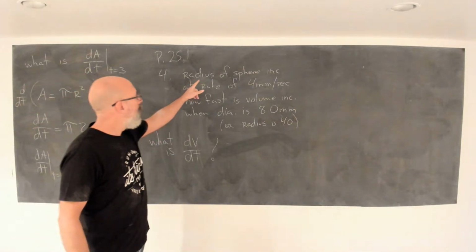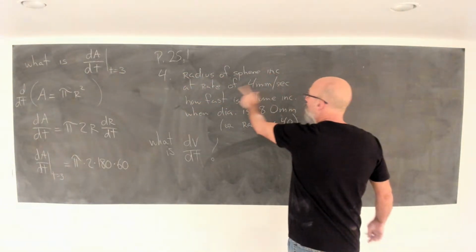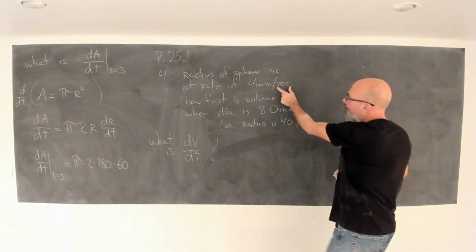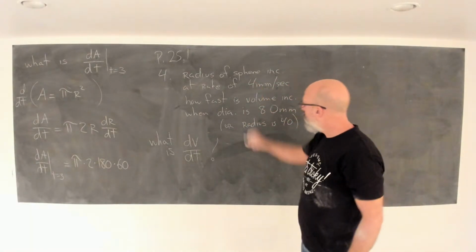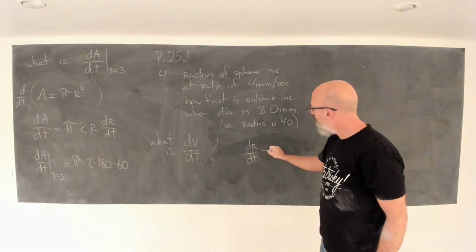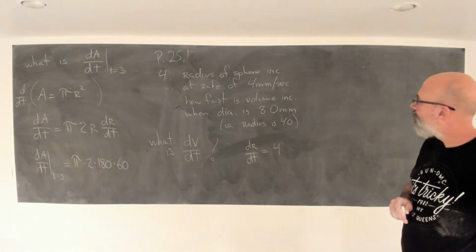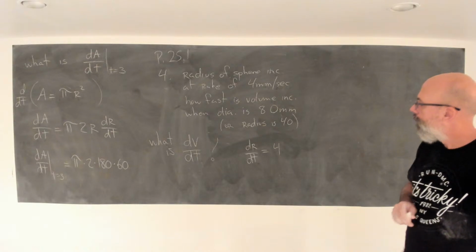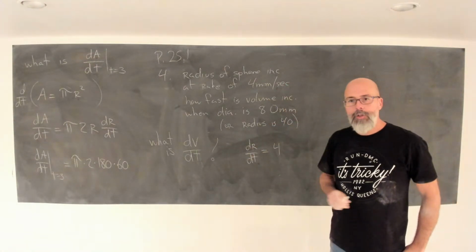What is given? The radius is increasing at a rate of 4 millimeters per second, right? You see, per second, per unit of time. So dr/dt, the rate of change of the radius, is given to be 4. So dV/dt is what they're looking for. dr/dt is what's given.